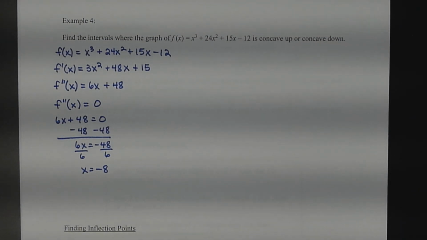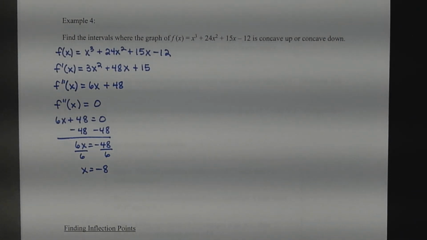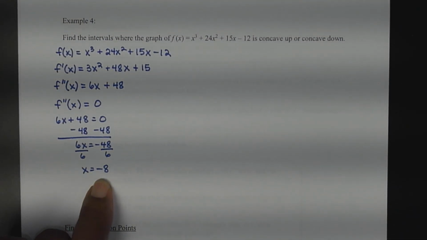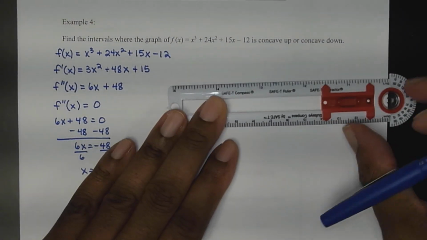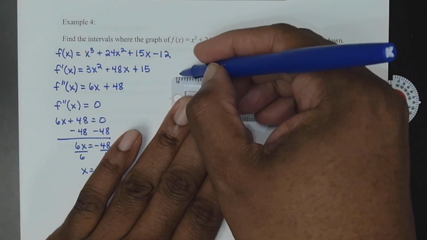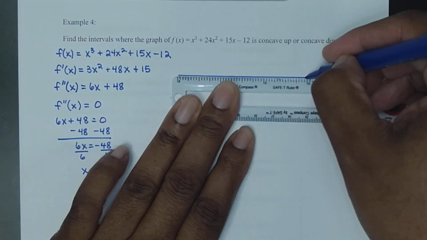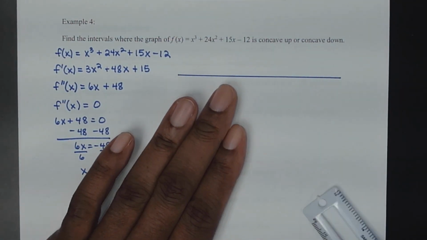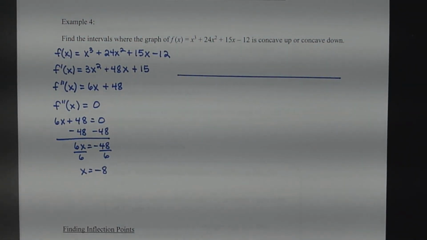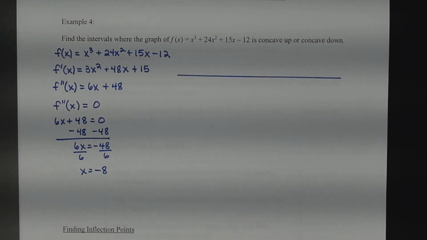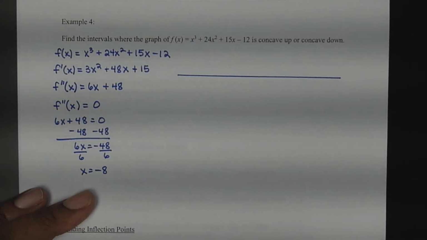Now, we're going to talk about what a possible inflection point is. But this x equals negative 8 represents a possible point of inflection because this may help us determine the intervals where it's concave up or concave down.